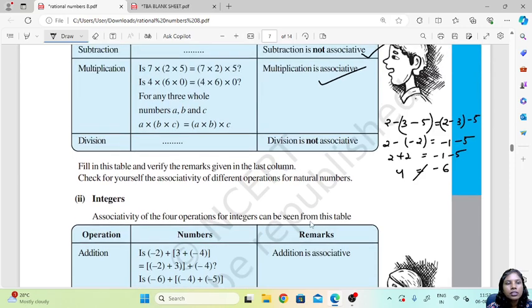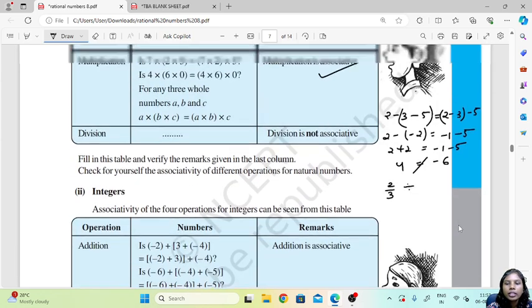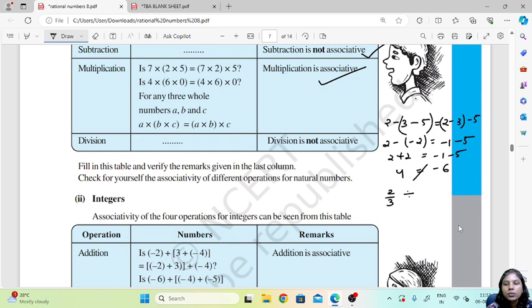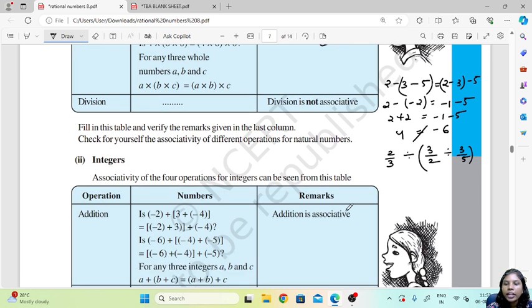So division, let's take an example. Say I have 2 by 3 divided by 2 by 3 divided by, this will be 3 by 2 divided by 3 by 5. Okay. So in this case I'll solve this bracket first.